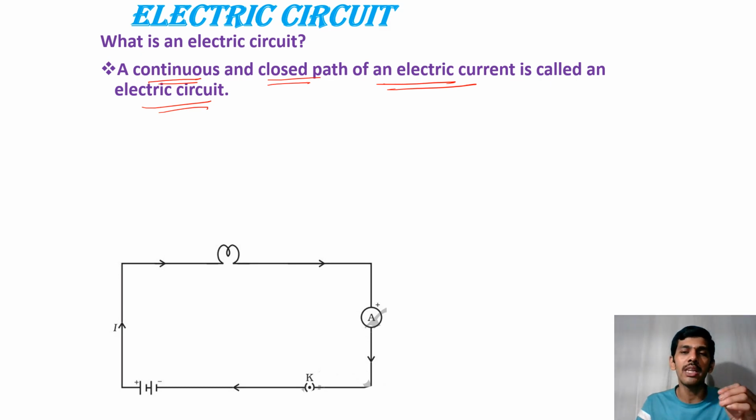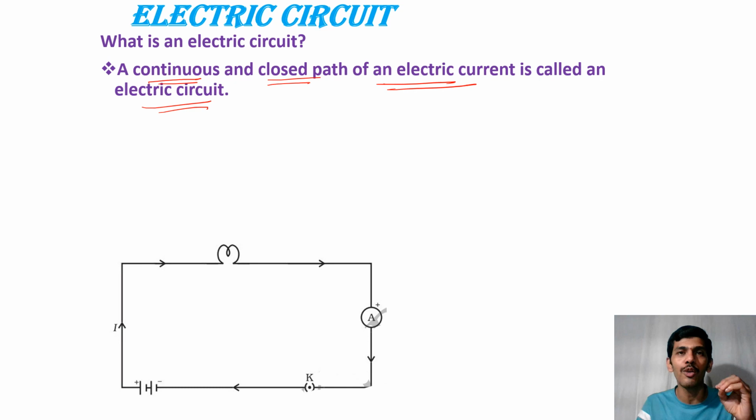It is shown in the diagram below. You can look at this particular diagram here. It starts from this point, and the arrow marks show the path, and it ends at the same point. So that is why it is a closed path.